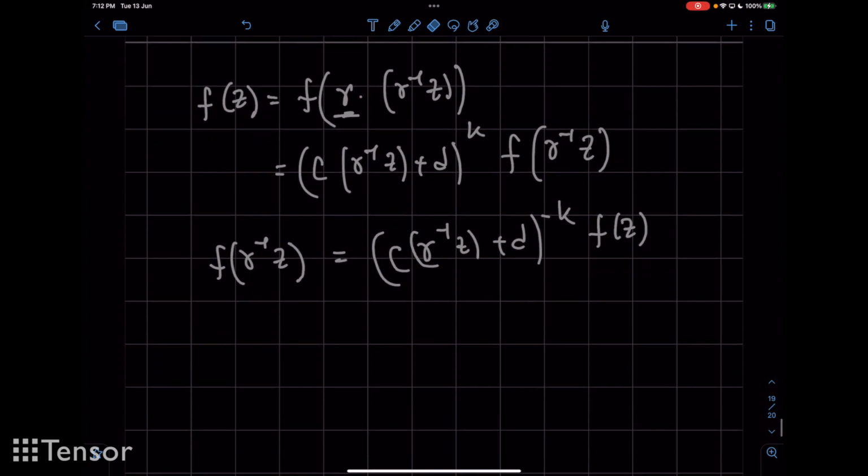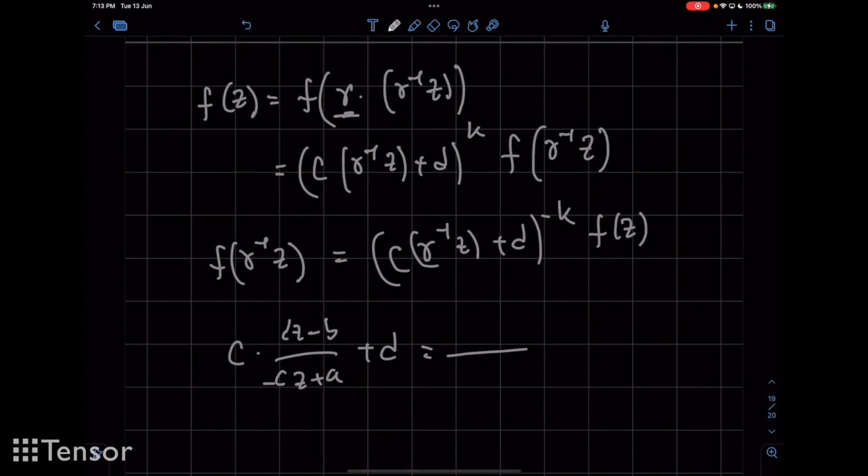Now, let us see what this thing is. So, what is gamma inverse of Z? The bottom row of the gamma inverse was minus C and A, right? So, gamma inverse of Z is minus CZ plus A, and DZ minus B. Right?